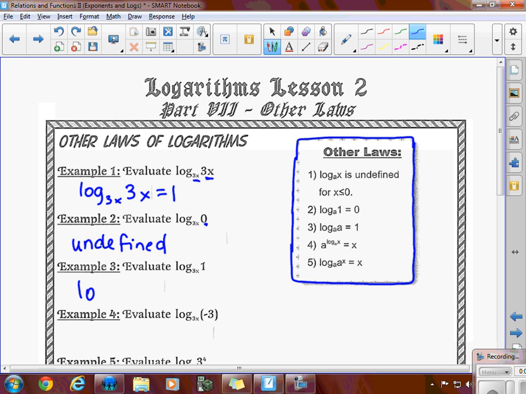So this simply is log base 3x of 1 equals 0, because 3x to the power of 0 would equal 1. And we can see right here, law number 2: any log with any base that has the stuff being 1 is always an answer of 0, because anything to the power of 0 would have to give you 1.